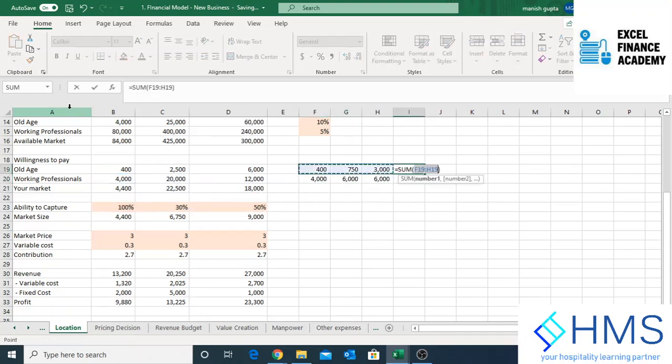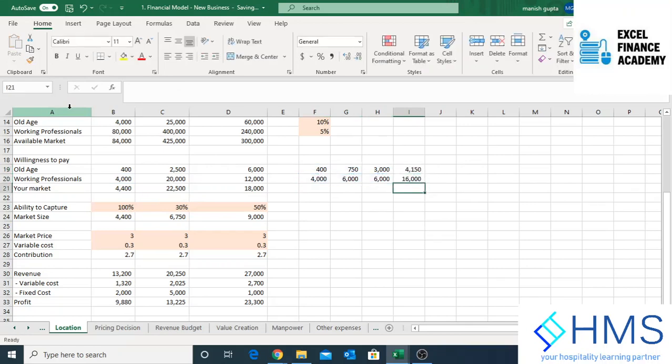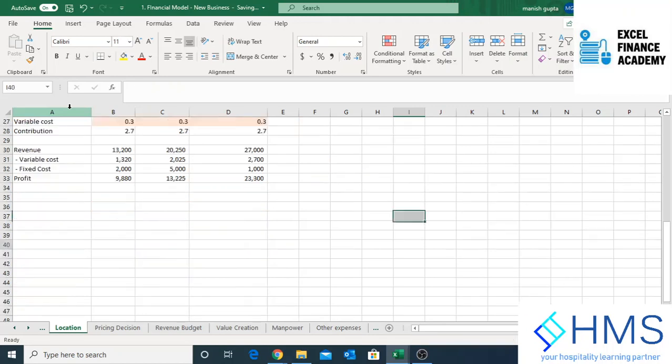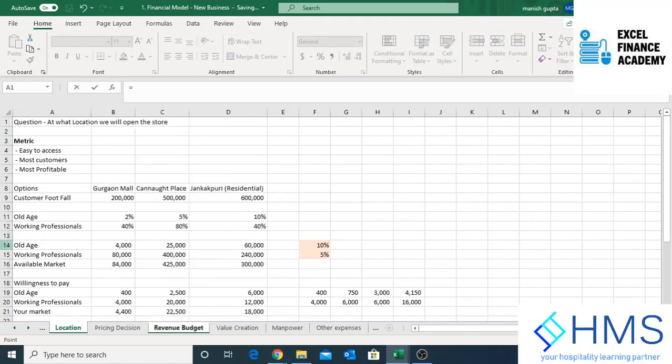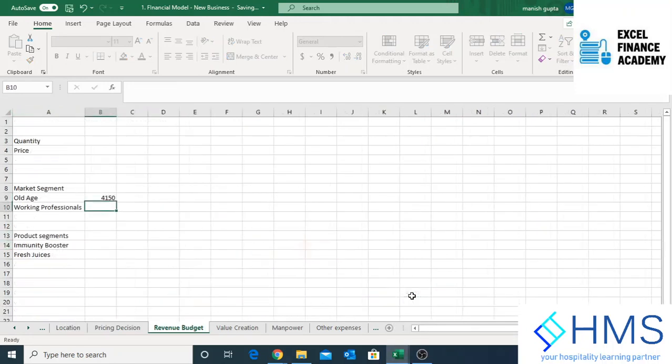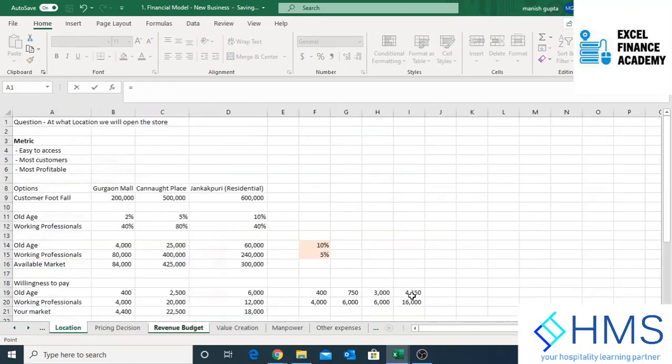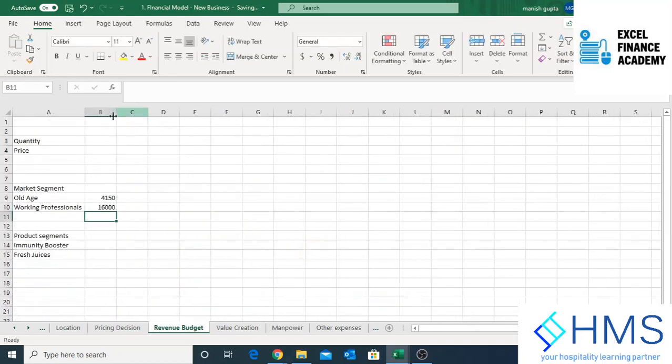For old age, it's going to be 4,150 people, and for working professionals 16,000 people. That's what our market size is going to be. So you can always link it to your workings. So that's our market size. So this is our base.